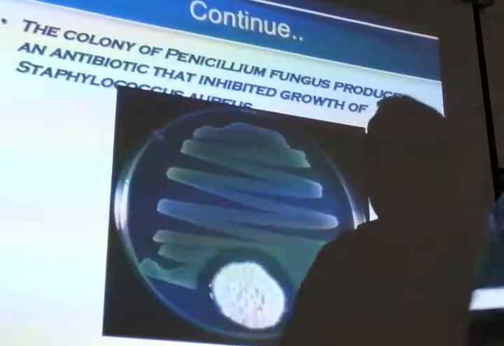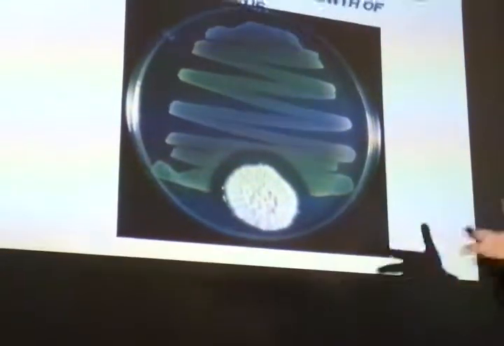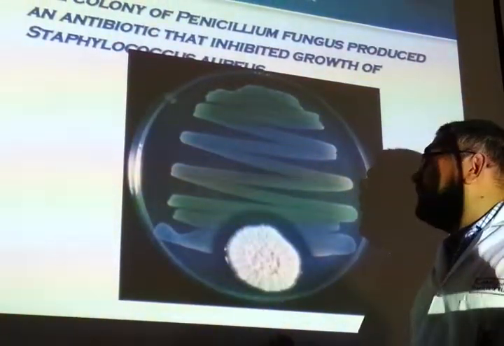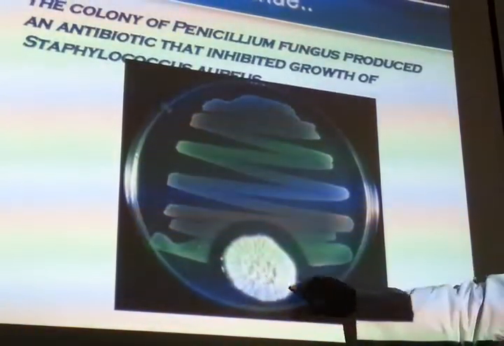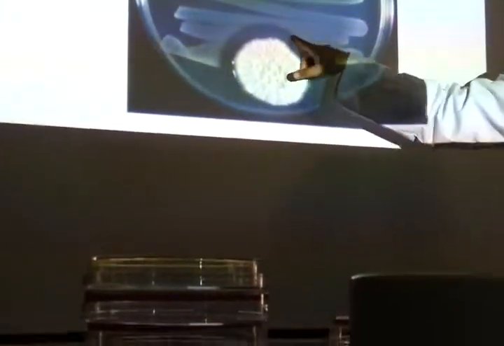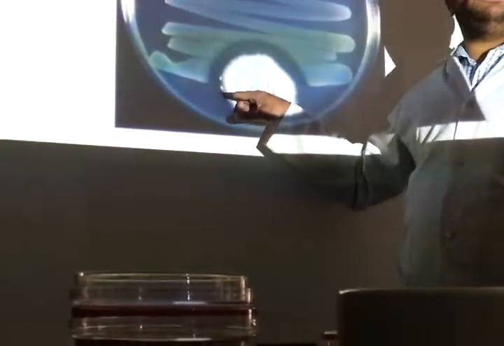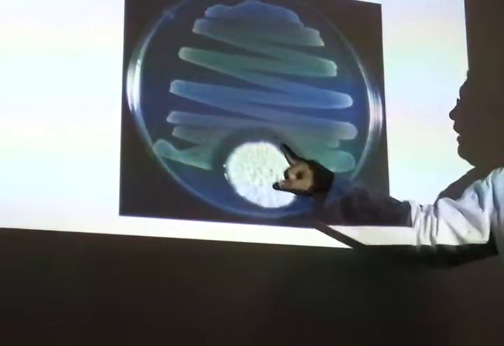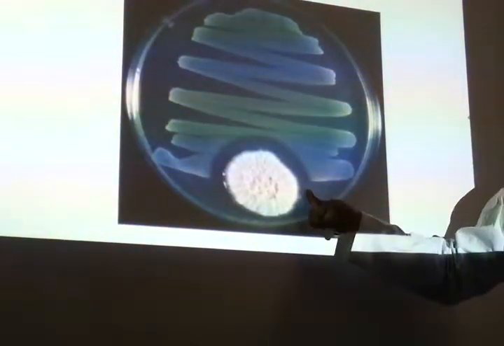So now how have we found this out? Some scientist did an experiment. He grew bacteria like this, and his culture was contaminated by a fungus. This fungus was known as Penicillium. And you see here, he saw that around the fungus the bacteria is not growing.